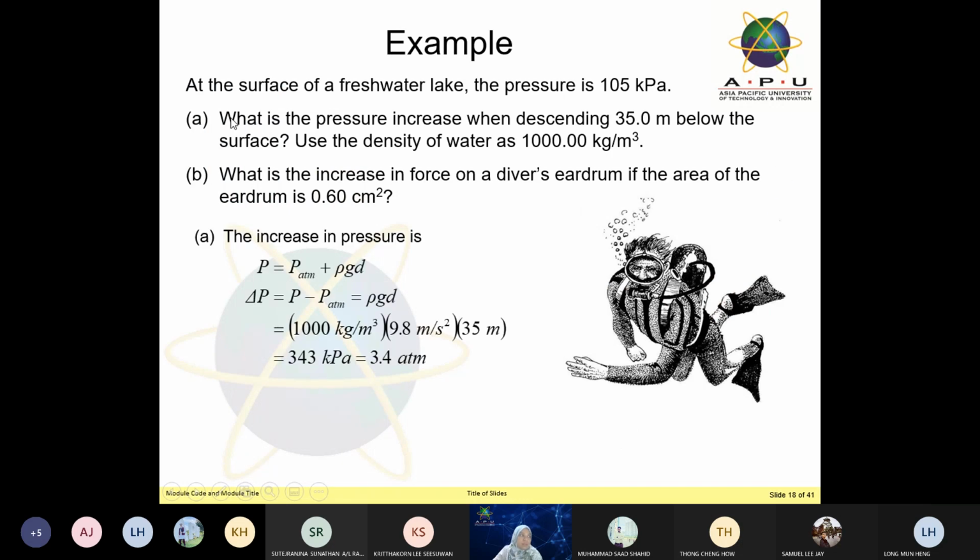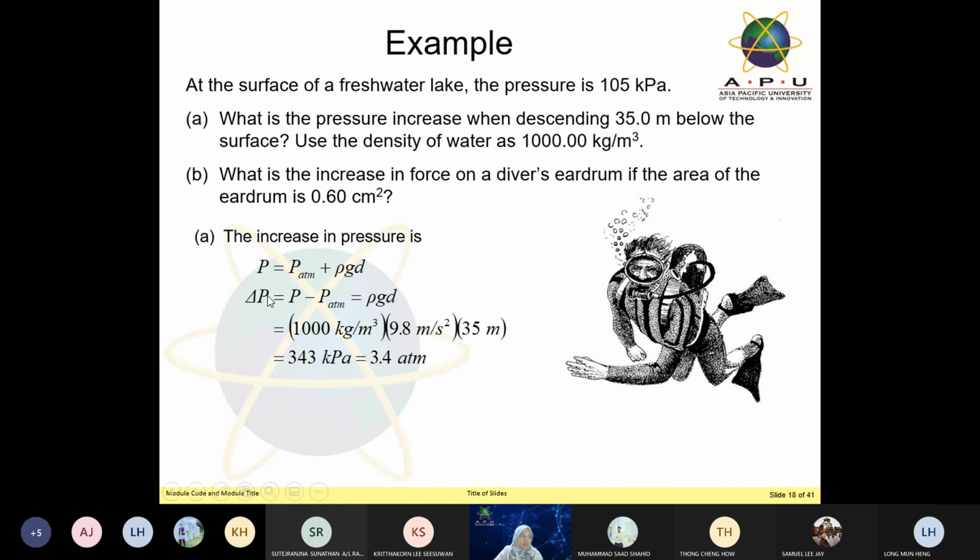Okay. So to answer part A, you must use P equal to P ATM plus rho GD, because they ask you what is the pressure increase. Actually it should be how much the pressure increases when descending 35 meter below.